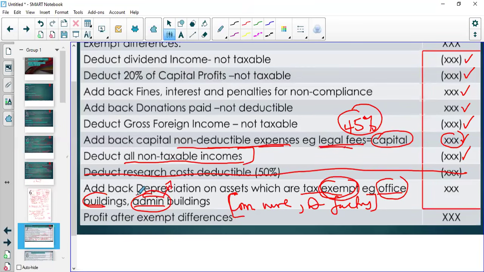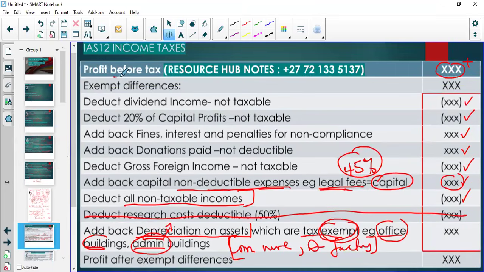Then if you have depreciation on that particular asset, that depreciation would have reduced the profit before tax, because the depreciation would be an expense. And then you need to reverse that and add it back. Brilliant. And then you have the sum total of your exempt differences going to affect your profit.